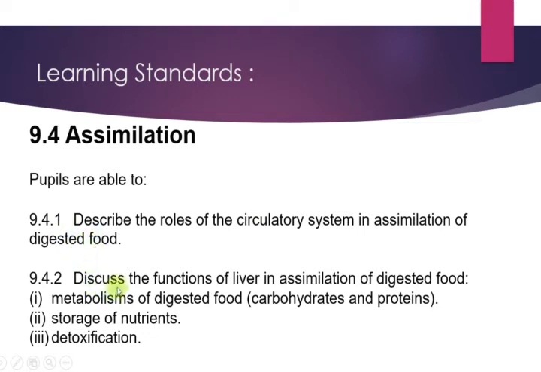The second one, discuss the function of the liver in assimilation of digested food. Refer to the function of the liver which is involved in the metabolism of digested food, in the storage of the nutrients, and also in detoxification. So these are the learning standards that you are going to cover for today.